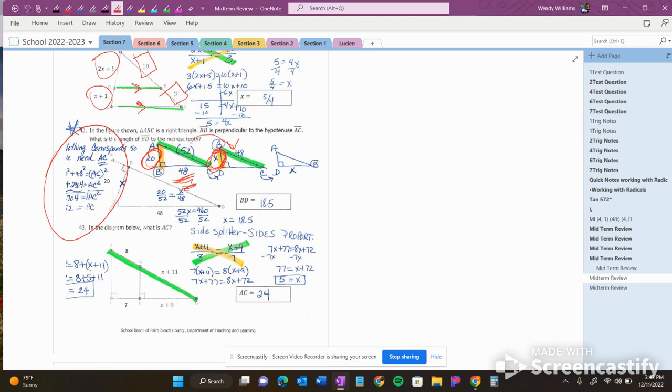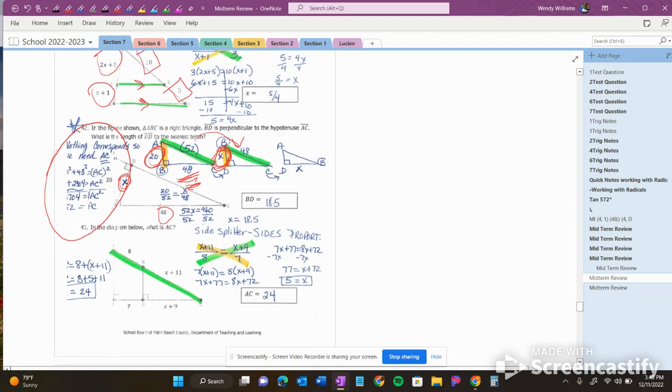Let me say that again. They give you the 48. They give you the x. And according to this picture, I can't see it. There it is. They give you the 20. But when I put the 20 on, it corresponds to the x, but the two 48s do not correspond.